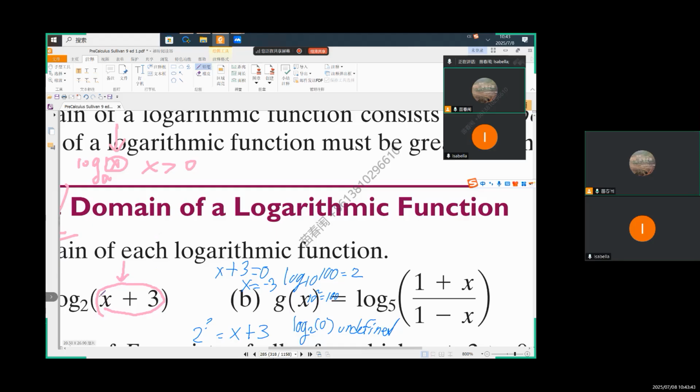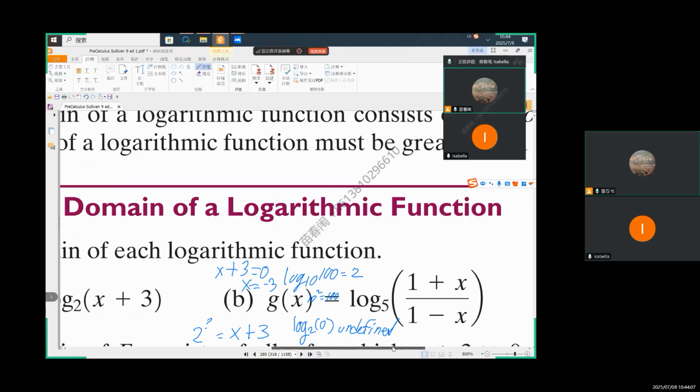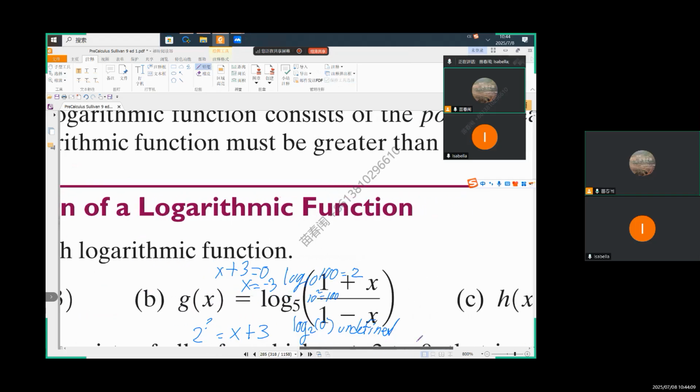Would a logarithm work with a negative number or not? I don't think it would. At least our definition for logarithm doesn't. It does have some problems, but it's not something that we study. So our logarithm argument is always greater than 0.